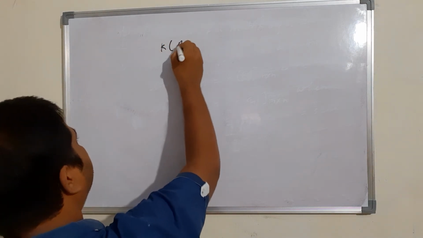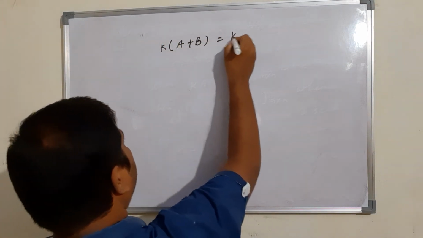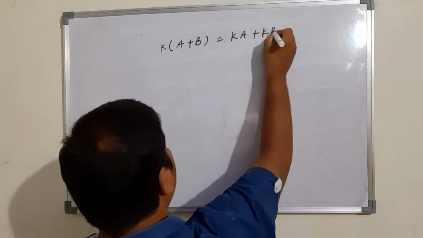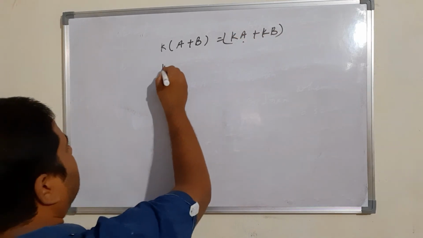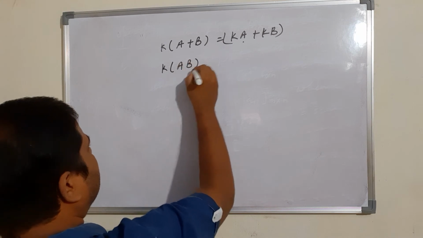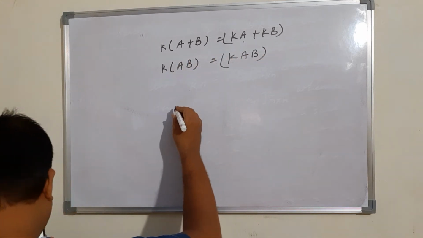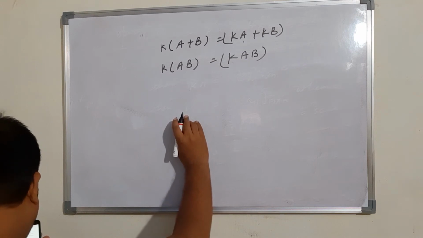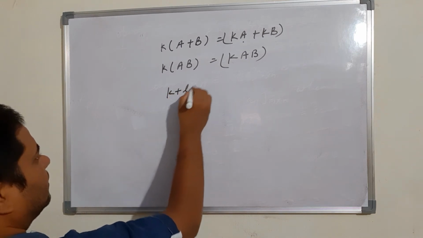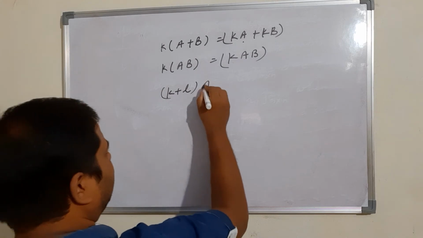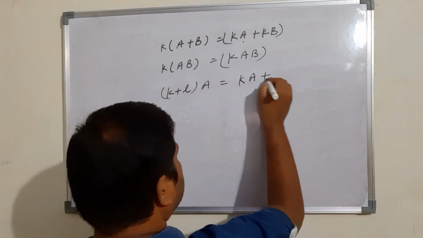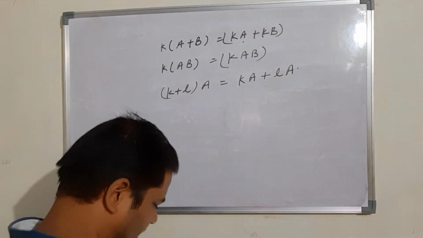K times (A plus B) is equal to Ka plus Kb. And (K plus L) times A is equal to Ka plus La, where K and L are scalars.